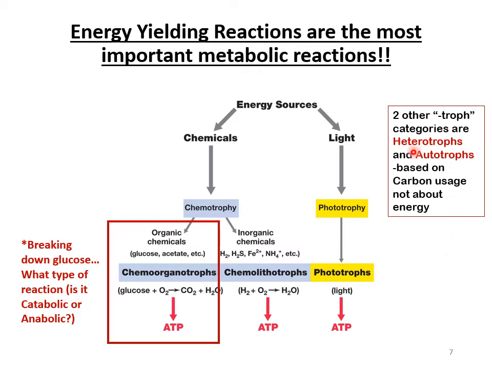Heterotrophs and autotrophs refer to organisms trying to obtain carbon. Okay, so heterotrophs and autotrophs is referring to what an organism is breaking down in order to obtain carbon. So heterotrophs means that an organism is breaking down organic matter to obtain carbon, whereas autotrophs means self-feeding.